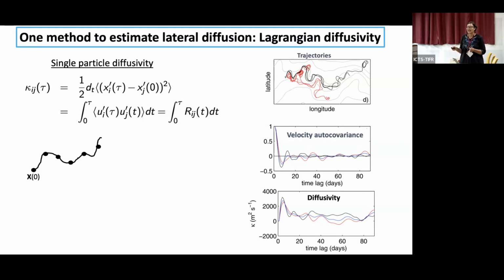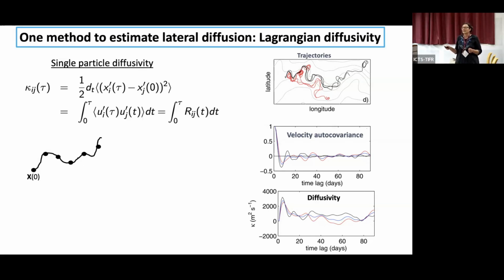We look at the displacement of the particles from the initial position for single trajectories. Then the diffusivity is half the time rate of change of this mean square displacement. If this grows linearly in time, then we have a diffusive process. This can also be written as the integral of the velocity autocorrelation.